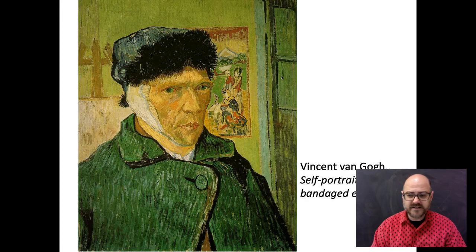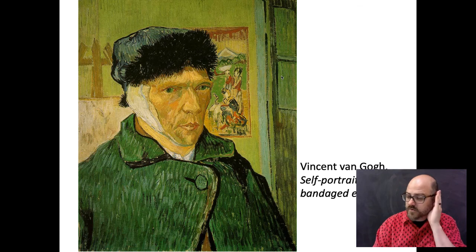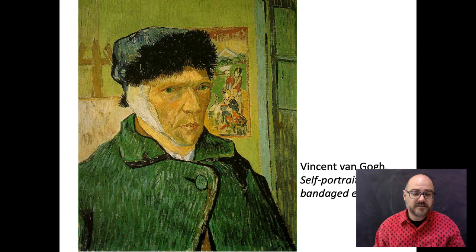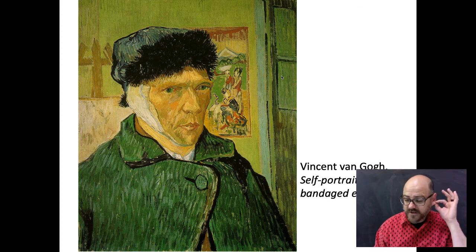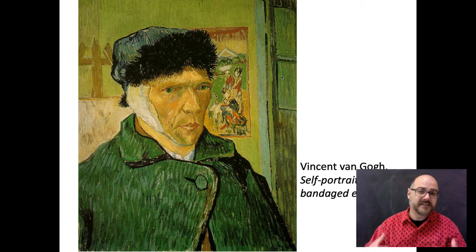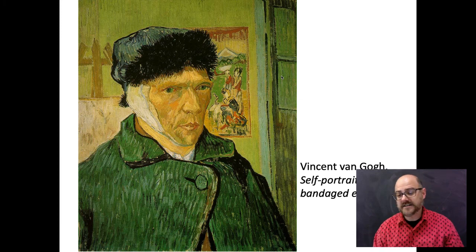So here we see Van Gogh, that famous story of him cutting off part of his ear to send to a woman suitor that he was in love with, and he said, how better to show my love for you than to cut off a piece of my ear and send it to you? What? Like, WTF? Like, obviously it didn't work. Not a good plan. Don't try this, right?